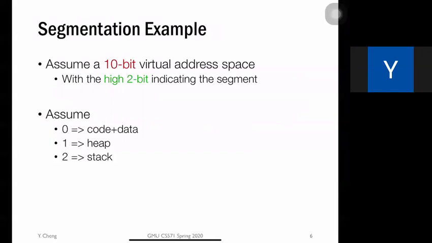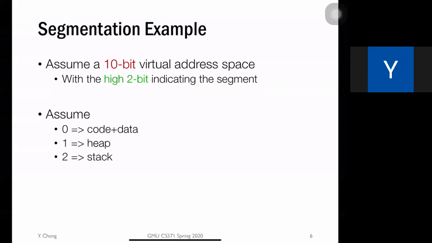In this example, assume the high bits part consists of 2 bits. And these 2 bits, in theory, could be used to index into as many as 4 different memory segments, right? 0, 1, 2, 3. And each segment has its own index ID, ranging from 0 up to 3.